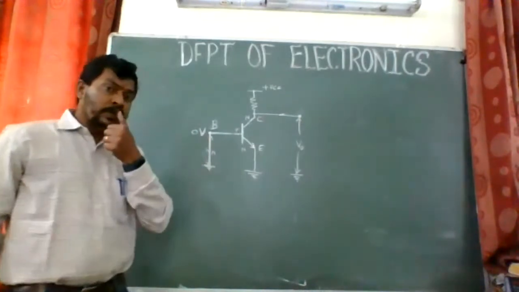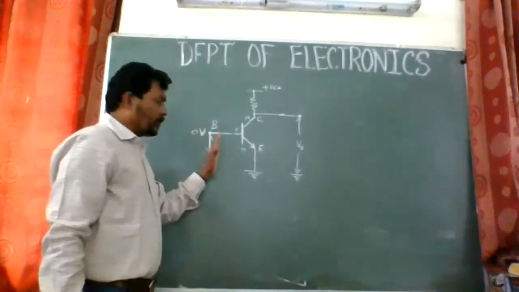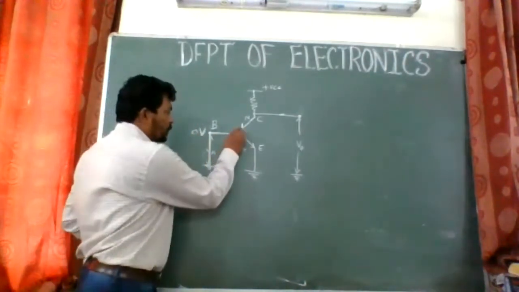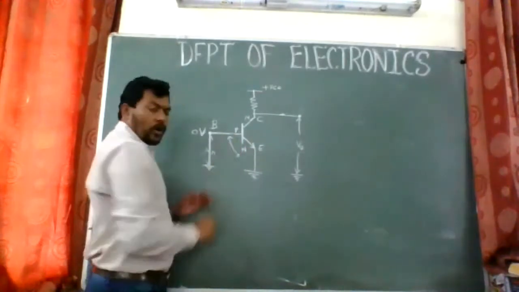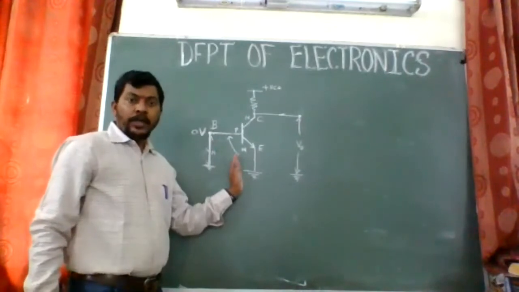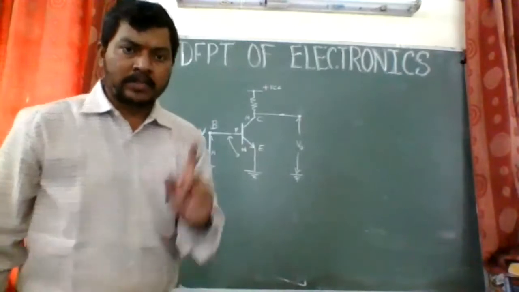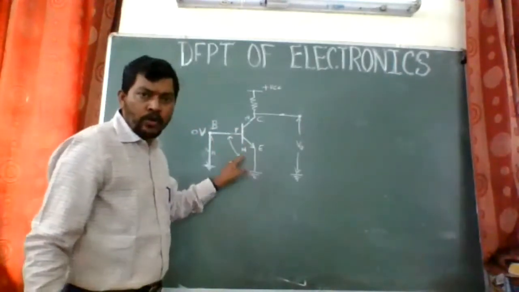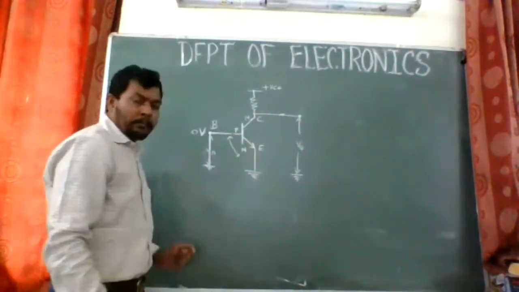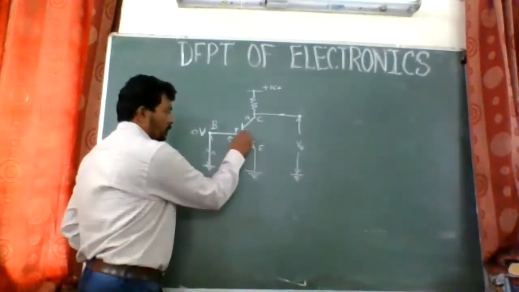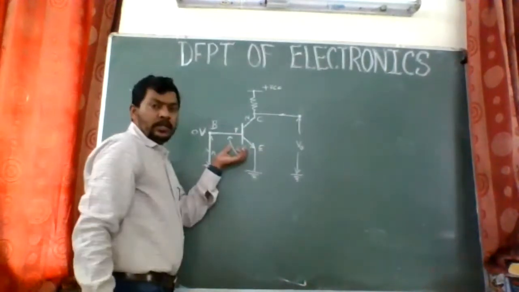Now, if this base of the transistor is grounded, that implies that this PN junction of the transistor is not forward biased. Remember this. This PN junction diode is not forward biased, which implies that this base and emitter junction is not conducting.